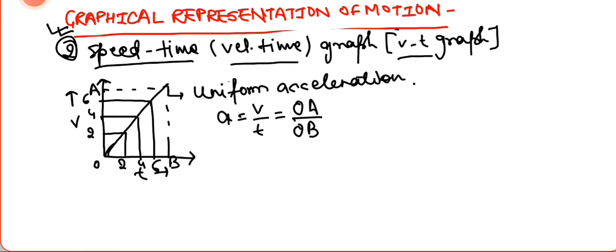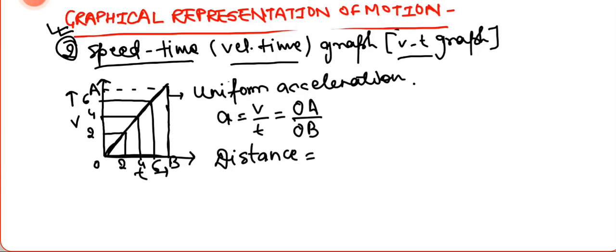Now from the VT graph we have studied that we get the distance, so we will be finding the distance as well. Distance is found by the area enclosed between the slope of the VT graph and the time axis. Here, this area formed is triangular in shape.